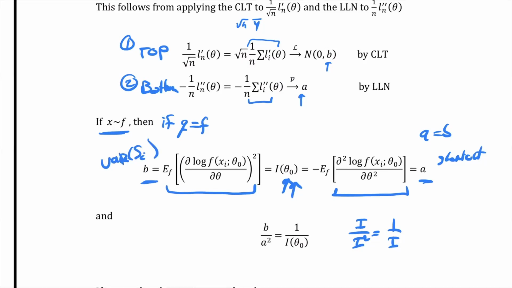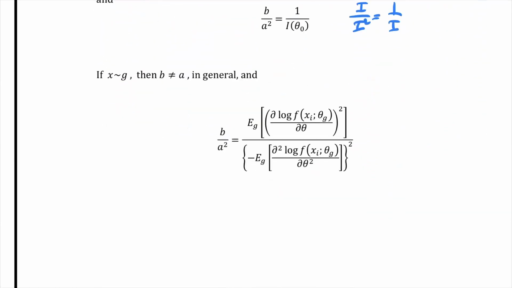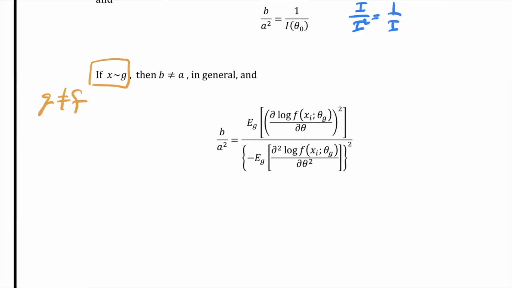But now let's see what happens if F and G are not equal. So if X is equal to G, and so G is not equal to F, then these things are not equal. And the variance that you want, B over A squared, you just have to calculate by looking at the ratio of this piece and this piece.